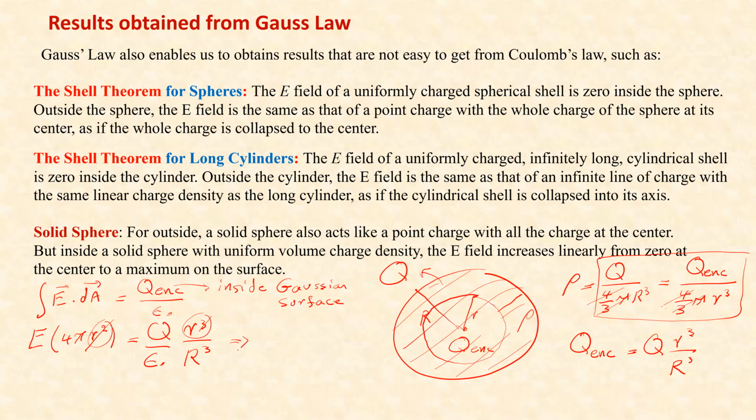And therefore E can be written as Q over 4 pi epsilon naught times r over R cubed, capital R. Or you can write it this way: 1 over 4 pi epsilon naught can be written as k also, so E equals kQ over R squared times r over R. So you see that it is the electric field of the whole sphere on the surface times the fraction of the distance that you are to the surface.